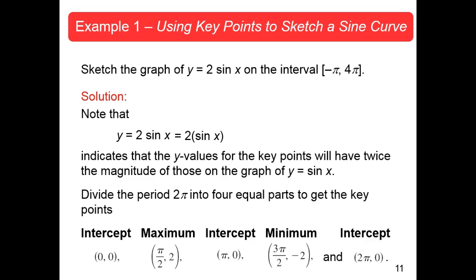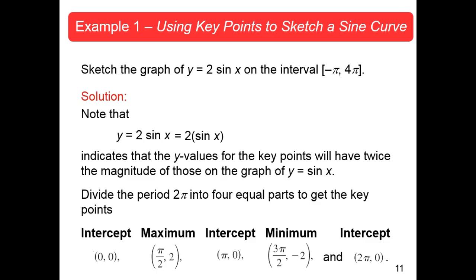All right. So again, what we do, determine your period. Y is equal to 2 sine x is the same period as y is equal to sine x. That's 2 pi. Divide by 4, it gives you pi halves. So these give you your key points. Sine starts at 0, at 0, 0. Then at pi halves, you're at the max, which is now at 2 rather than 1. Your next half pi gets you to pi.